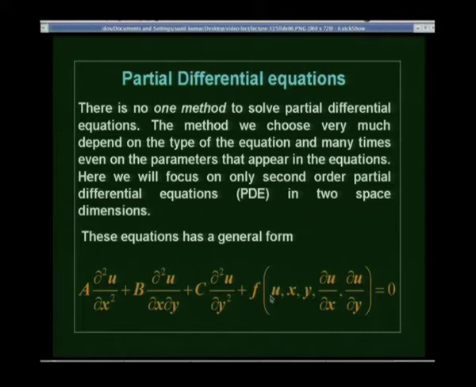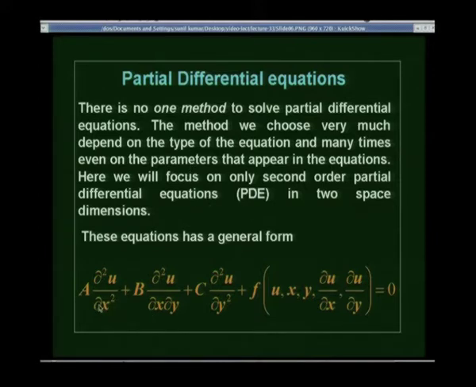We want to find u as a function of x and y, and the derivative of u with respect to x and the derivative of u with respect to y, as functions of x and y. That would be what we mean by finding the solution of this partial differential equation. So how do we go about doing that? That will be the discussion which we will do now.